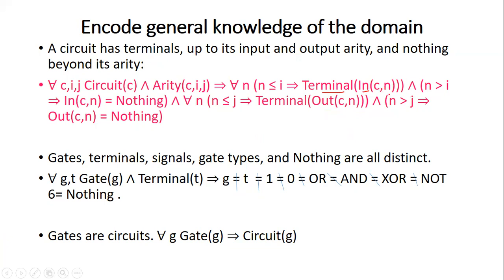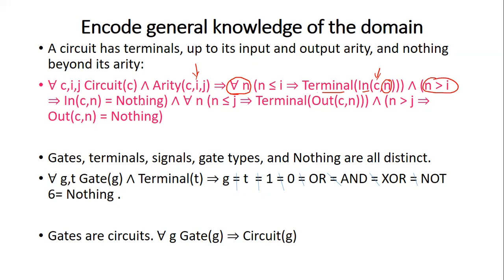This is for all n, as long as n is less than or equal to I, because I represents the maximum input. The circuit can have that many inputs, and it will not have any terminal which is greater than I.